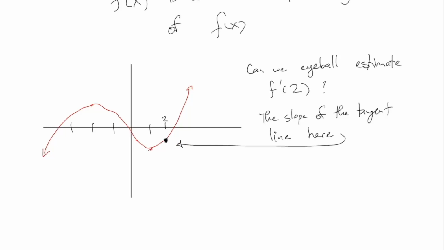All right? And can you estimate this? I mean, this is not an exact science, but remember the tangent line means a line which just touches that graph right at that one point. This is not a good tangent line. How about that? Yeah, something like that, right? It's the tangent line right there.